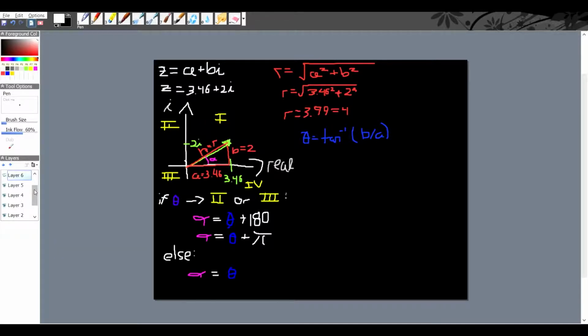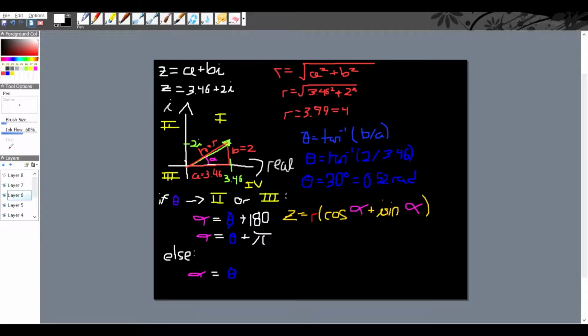So let's go ahead and calculate our angle. And we have that it would be equal to 30 degrees or 0.52 radians. And we have all our information to write the polar form.